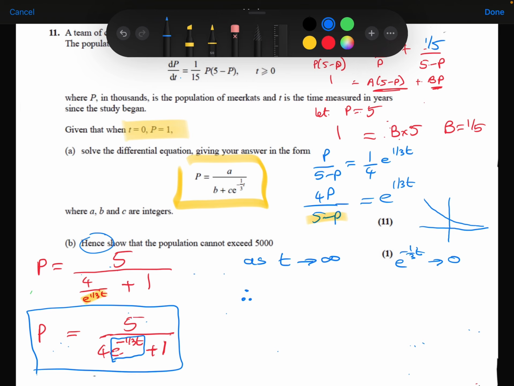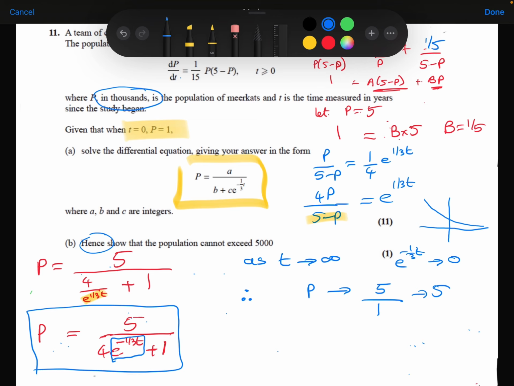Therefore, the population would tend towards 5 over 4 times 0 is 0 plus 1, which is 5. Remembering that P is measured in thousands, so the population gets closer and closer and closer to 5,000, but it will never actually become 5,000 and certainly never exceed 5,000.